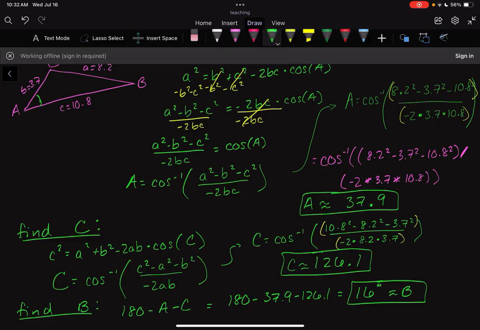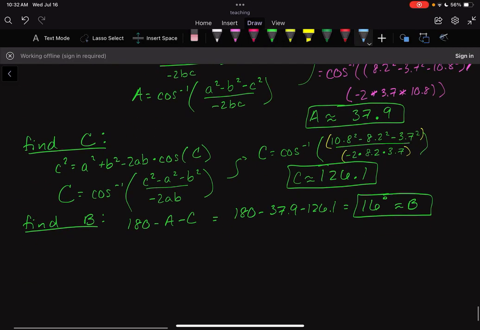Now I want to show you if we had switched to law of sines when we did finding angle C, what could have happened, like what we could have messed up. So this is what the homework will tell you to do.